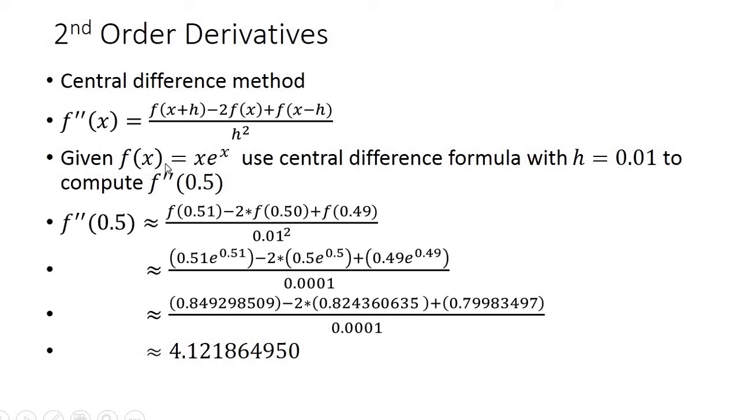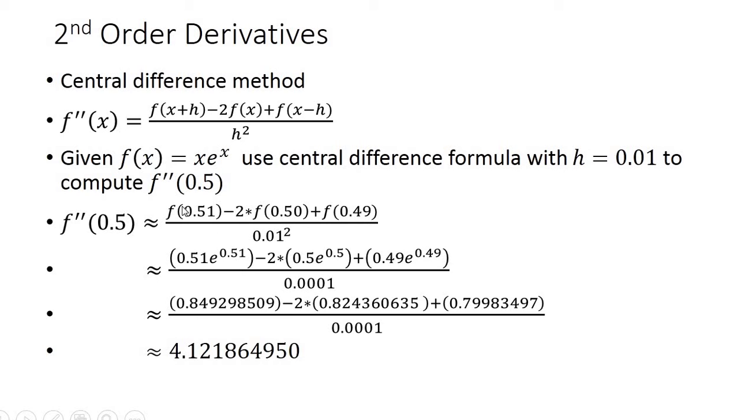So if you are given f of x equals x e to the x, and you want to use the central difference formula with h equal to 0.01 to compute f double prime of 0.5, this one will be x plus h, so it will be 0.5 plus h, which is 0.51, minus 2 f of 0.5 plus f of x minus h, which is 0.49.